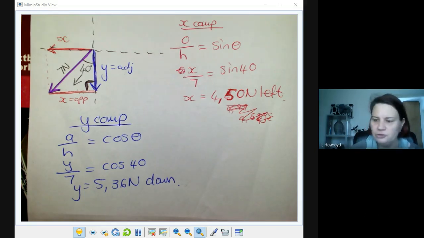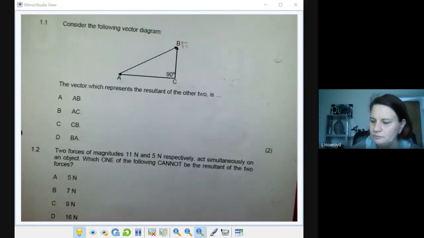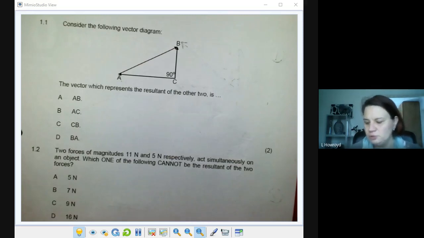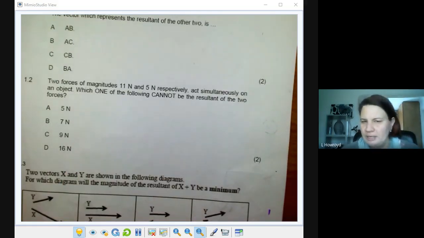So what I want you to do now is consider page 4. There are 3 multiple choice questions here. I'm going to end off the lesson by you doing these 3 multiple choice questions, and we'll mark them tomorrow. I want you to think carefully, especially about 1.2. It's quite tricky.